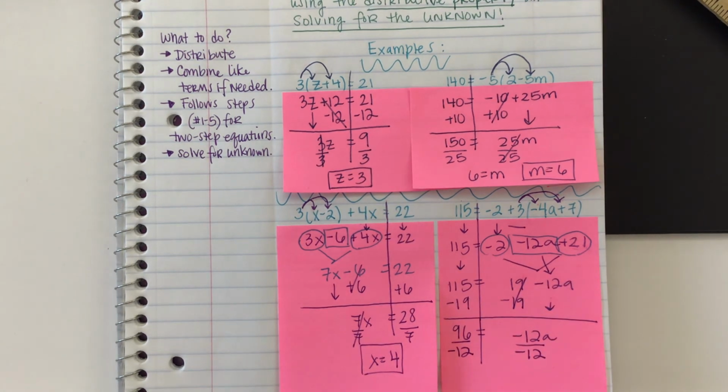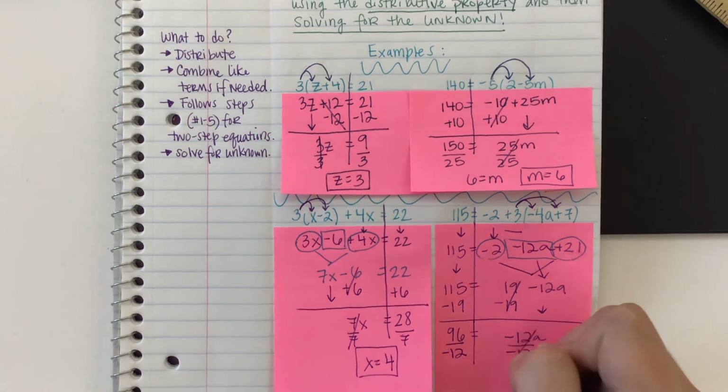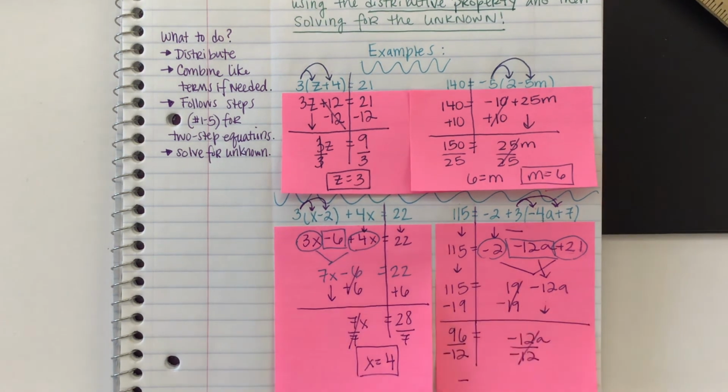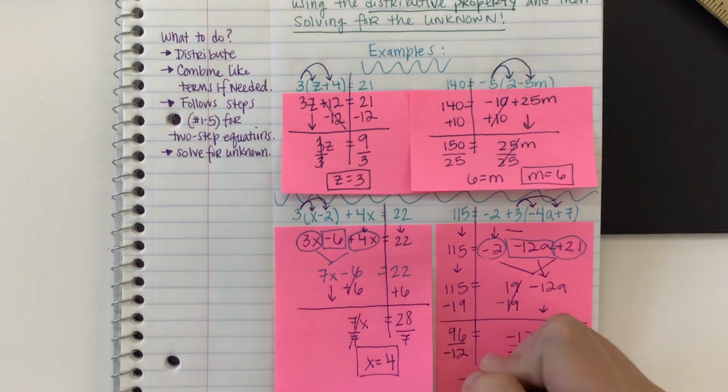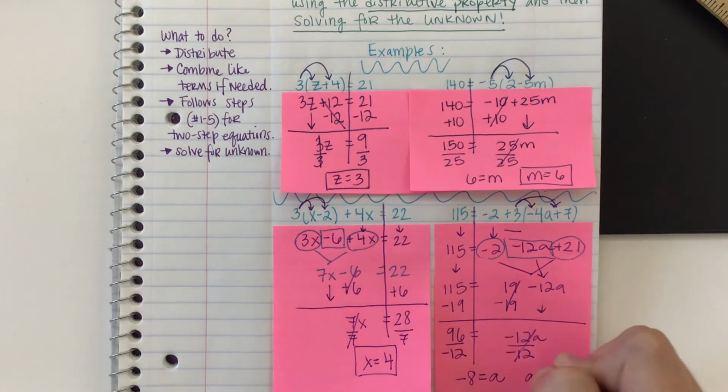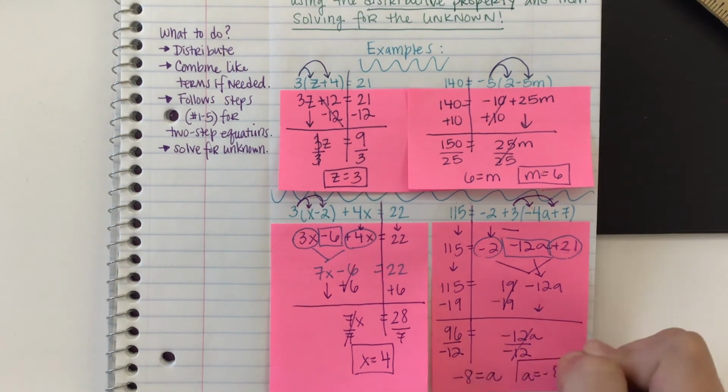So we should kind of know our 12s, okay, our multiplication chart. So that goes away, and we have 96 divided by -12. A positive divided by a negative is a negative, and 96 divided by 12 is 8. So our answer is -8 is equal to a, or a is equal to -8.